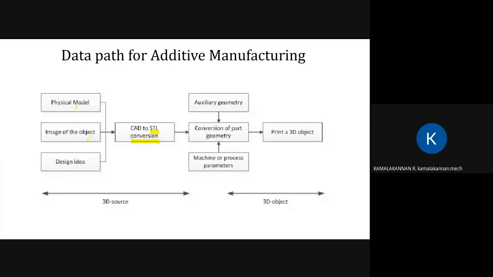This is possible because we now have software that can convert an image into a 3D model, which can be saved in STL format and printed. Or if you have a specific design idea, you can develop a 3D model, convert it into STL format, add the necessary data, and finally print. So this is the general path of additive manufacturing for STL format.